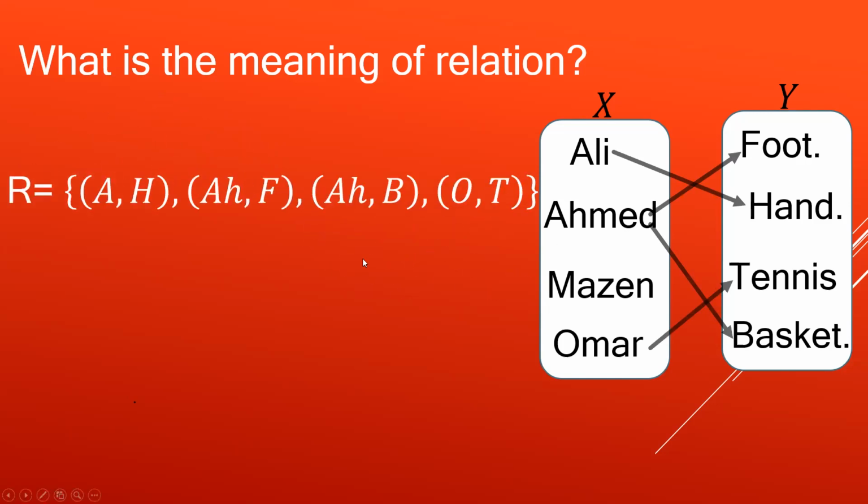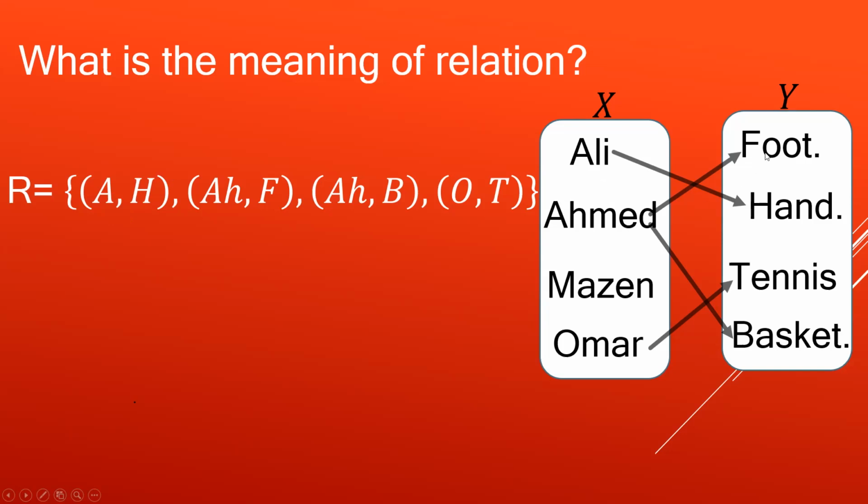Here we can find the relation between the two groups. The first group contains Ali, Ahmed, Mazin, and Omar, and the second group contains football, handball, tennis, basketball. The two groups are connected with a relation. Ali likes handball, so the first ordered pair is (Ali, handball).